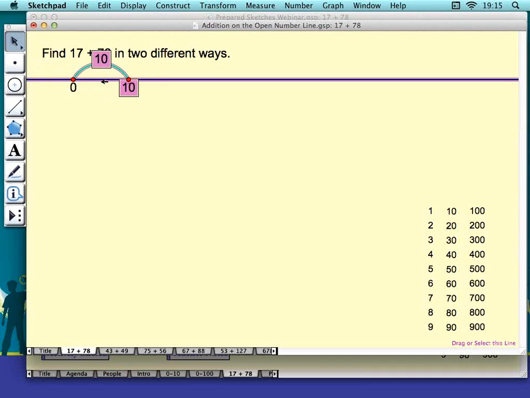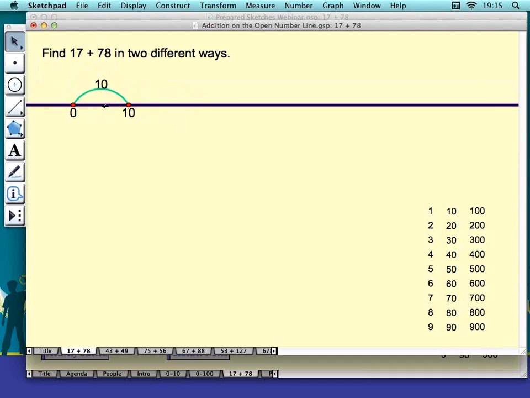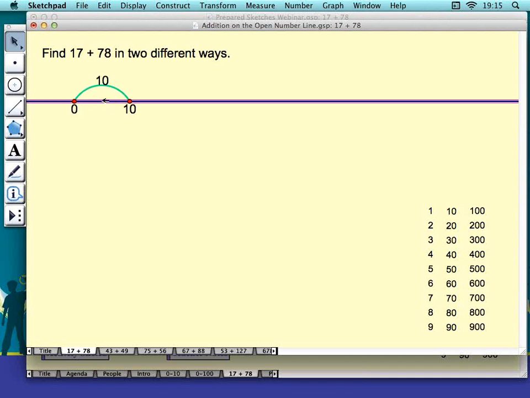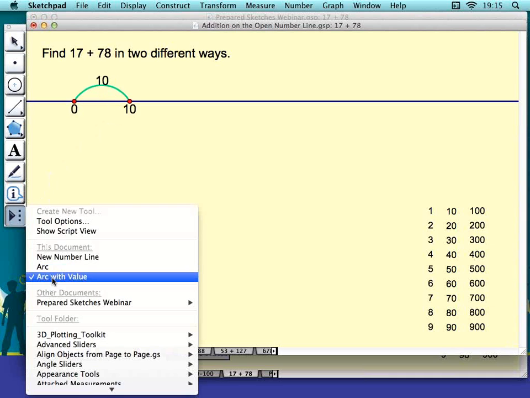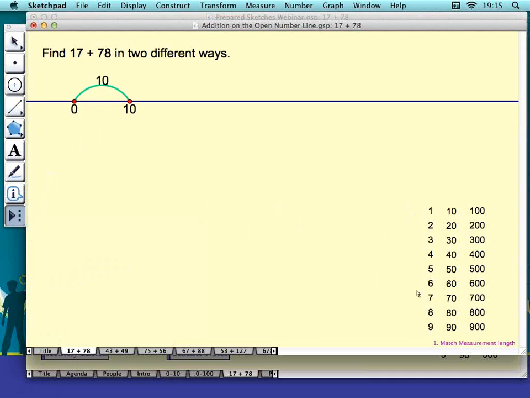I've got my number line too high, so my arc is overlapping with my directions, so I'll move things down a little bit. So that's gotten me to 10. I'll go back to my arc with value tool, and I could finish up getting to 17 by using a 7 arc. So the whole point of this activity is to encourage kids to decompose numbers in various ways.